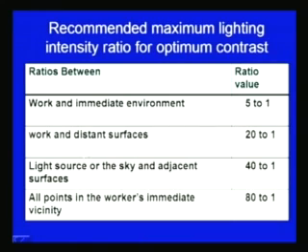With respect to the different kinds of surrounding environments, the light intensity ratio between the work and the immediate environment should be 5:1, between the work or object and the distant surfaces 20:1, between the light source or sky and the adjacent surfaces 40:1, while all points in the worker's immediate vicinity should be maintained with a light intensity ratio of 80:1.